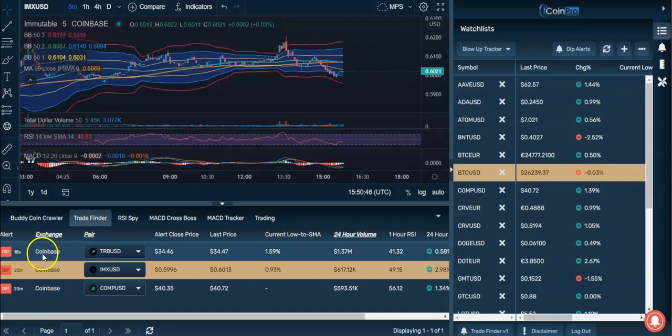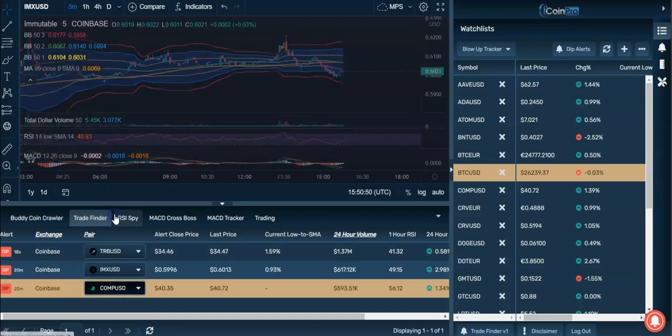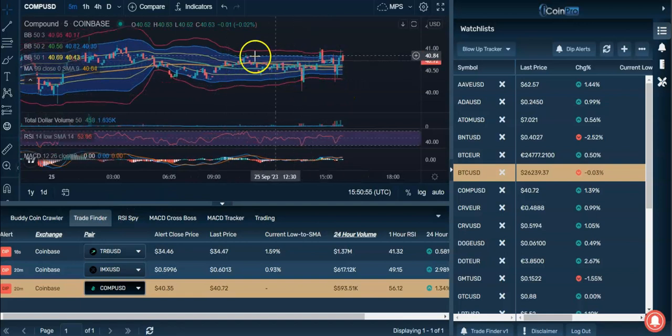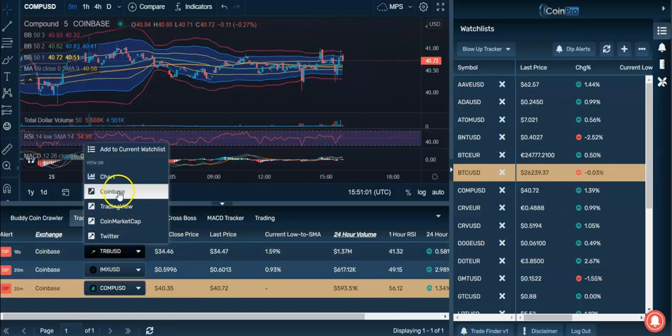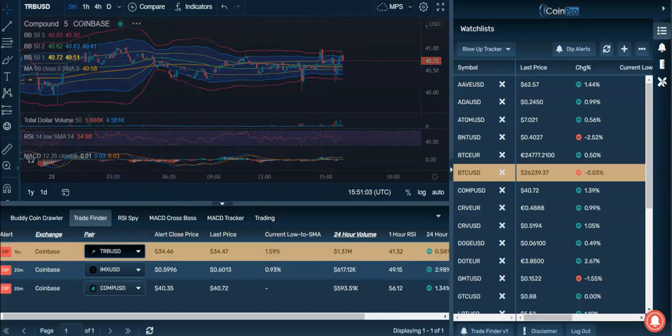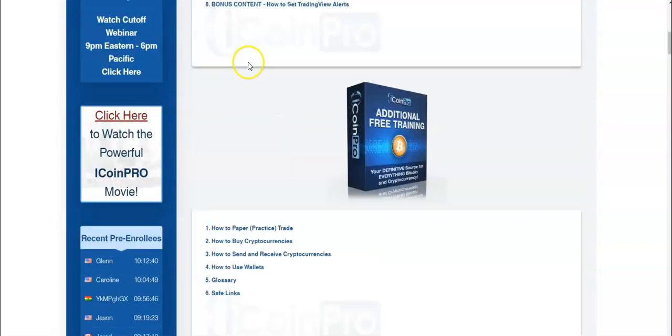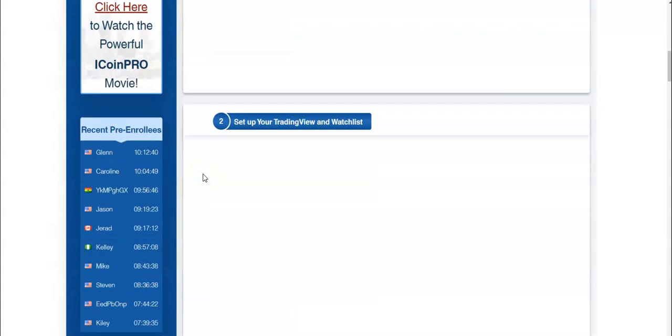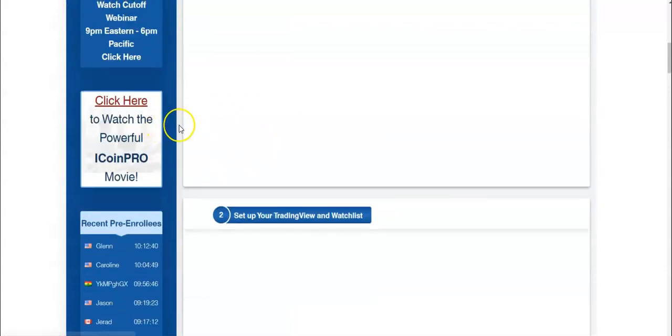Okay, so we got another dip trade notification for compounds. Let's see that. Okay, so we're not really in a dip trade. This is more of a squeeze. Maybe it will be making a dip trade. But again, we're going to cross-reference the knowledge that we learn in the boot camp right here for free.